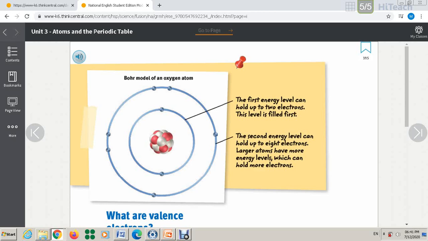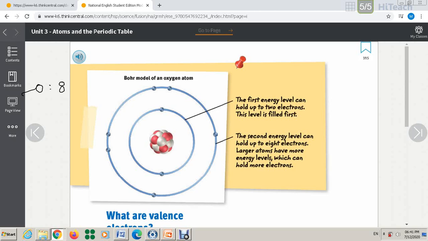I want to show you now here for oxygen. If you go to the periodic table, you will find the atomic number is 8 for oxygen. To learn how to fill these energy levels, you start with the first shell, as you see here.